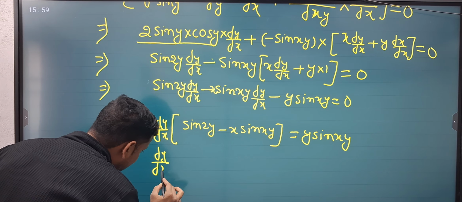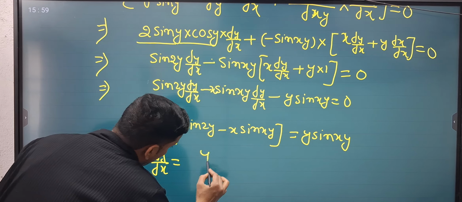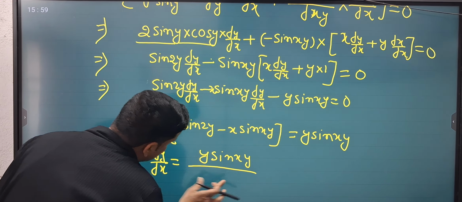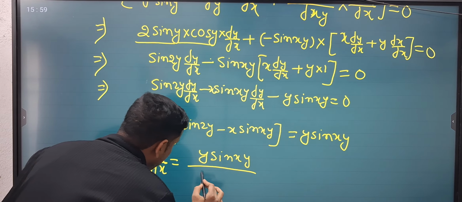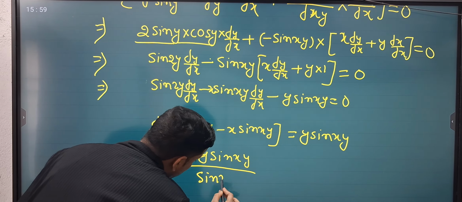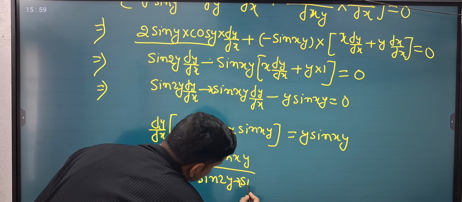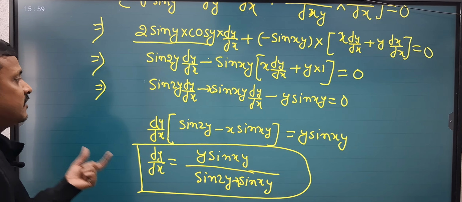The dy by dx equals y sin xy, and this term will come in the denominator. So here will be sin 2y minus x sin xy. So this is not the final answer. This is dy by dx.